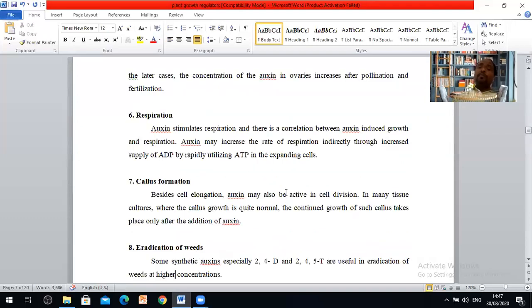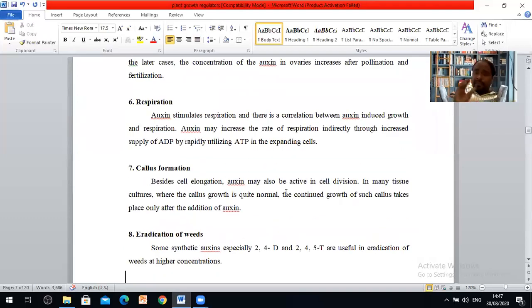Okay. Now, callus formation. The callus is an undifferentiated mass of loosely arranged parenchymatous cells, and callus formation takes place when wounds are formed on the stem of the plant.